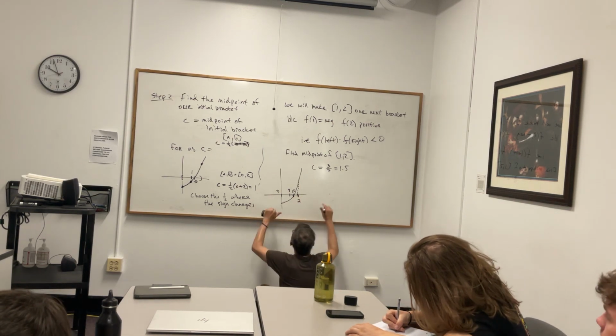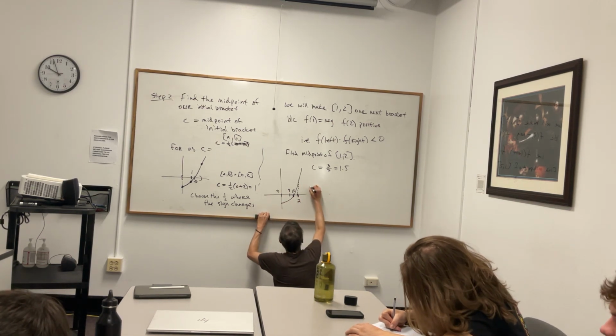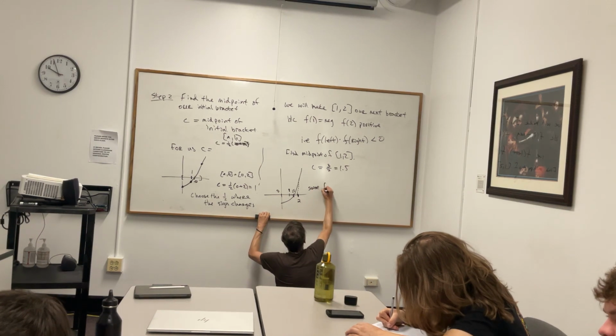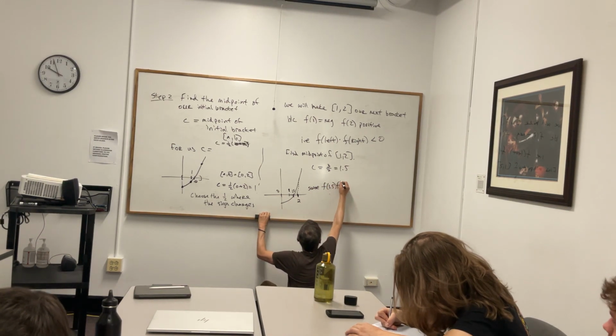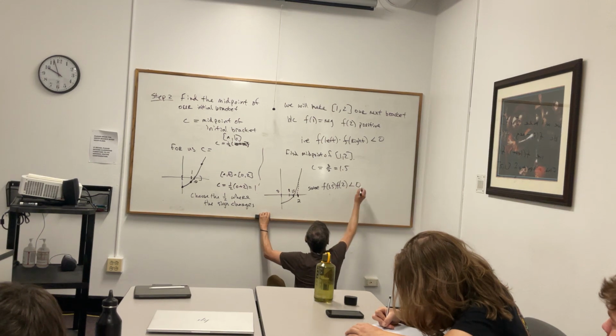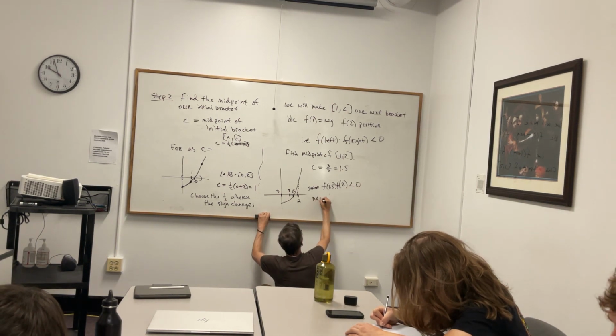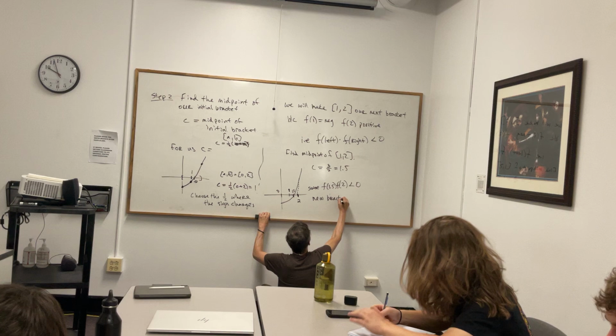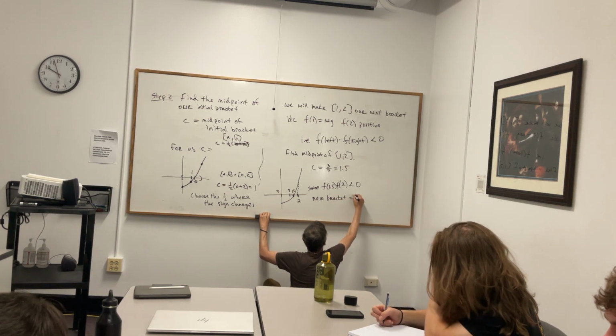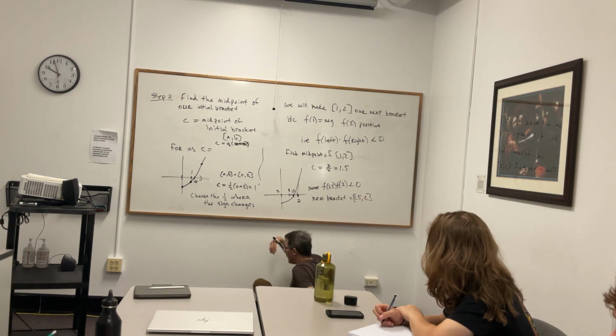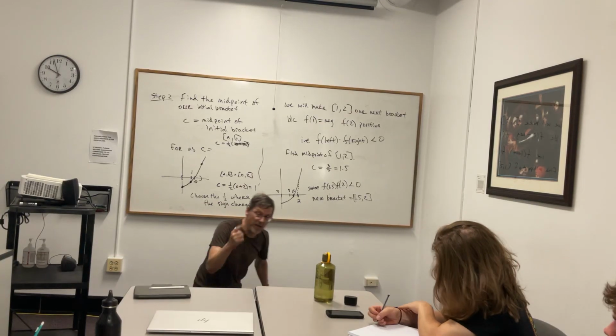Find the midpoint there, and then repeat. So since f of 1.5 times f of 2 is less than 0, the new bracket equals 1.5, 2.